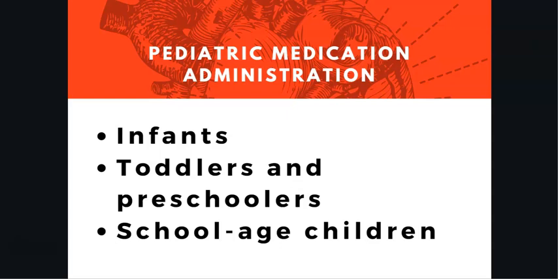Toddlers and preschoolers are pretty independent, but you still have to administer their medication, though they may hold it to take it. In school children, we use higher concentrations and therefore lower volumes.